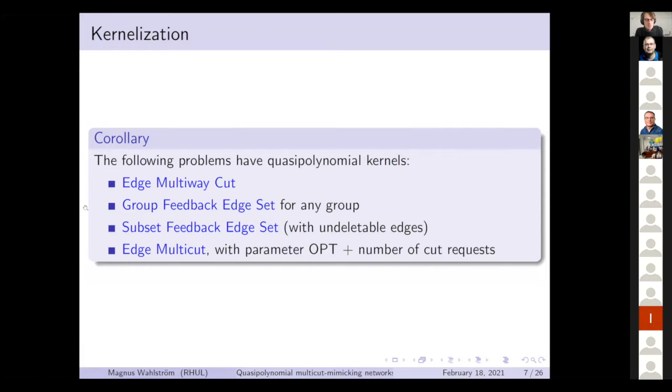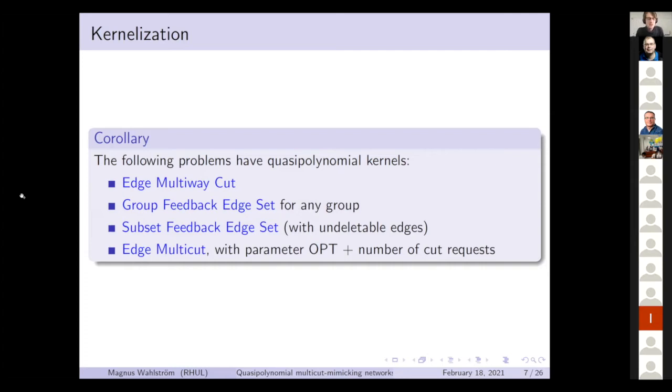Also, a few other problems on this list can be reduced to a setting where I have a bunch of terminals which I can detect in polynomial time, and there is some unknown separate partition of the terminals which corresponds to a solution. And if I have a mimicking network for the terminal set, I can kernelize these problems.